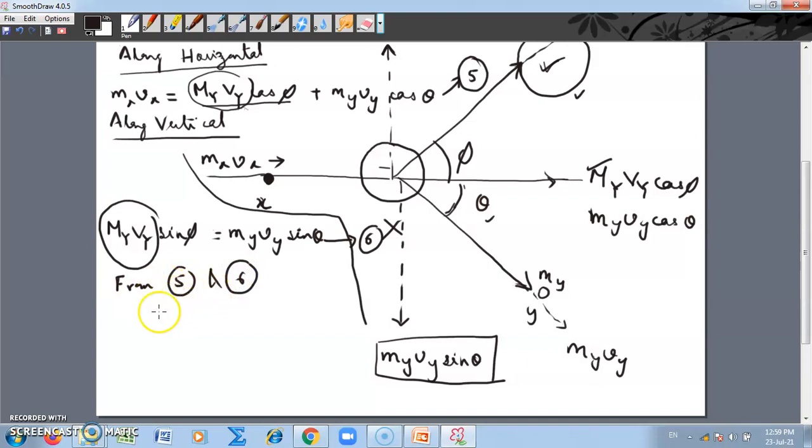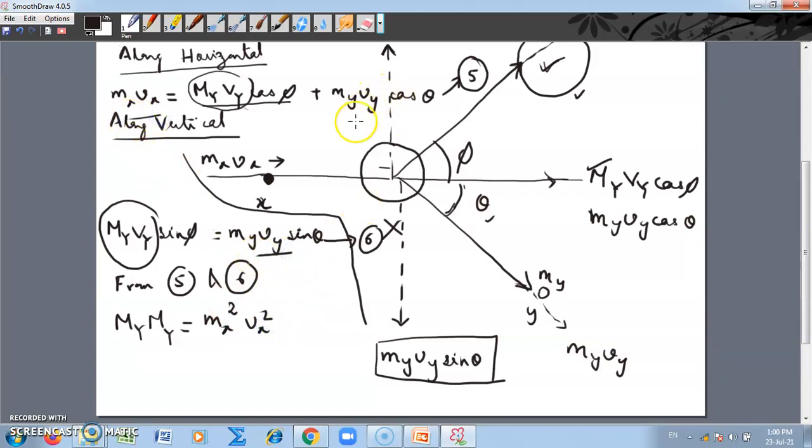What do we have? We have my vy squared equal to mx square vx square, because we have this one.